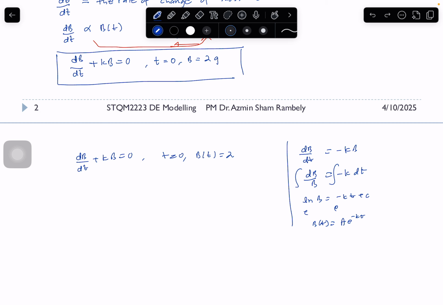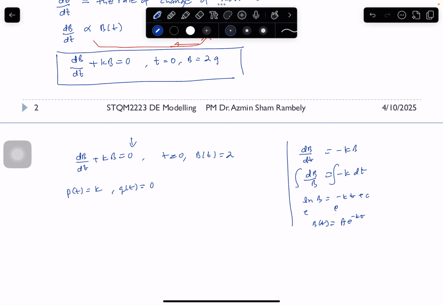method, where your function is b, your variable is t. So your p of t is equal to k, and your q of t is equal to 0, right? Okay.